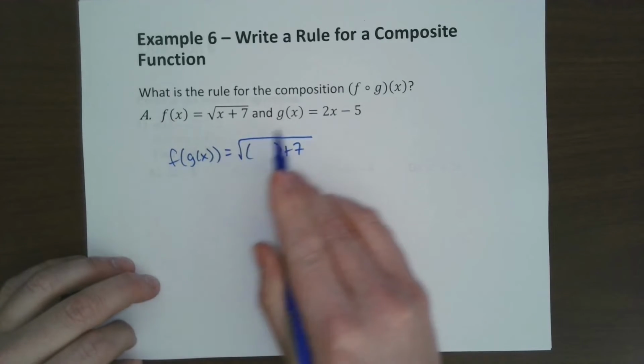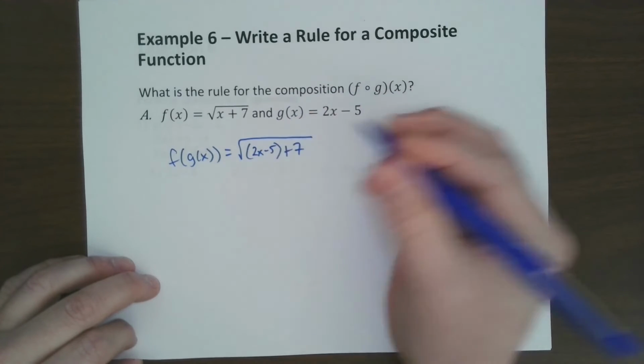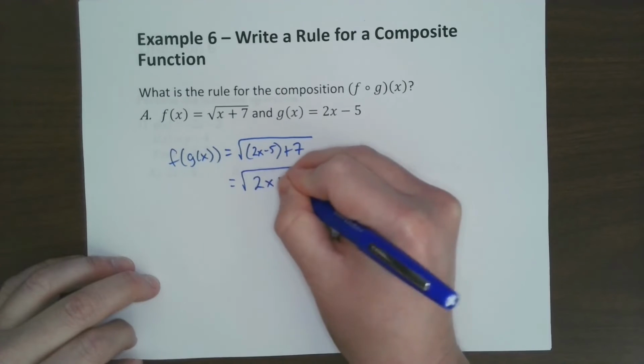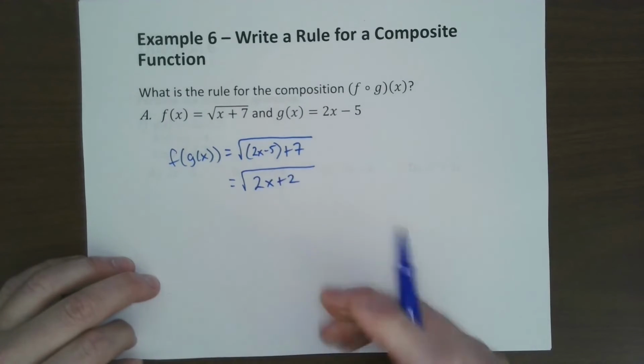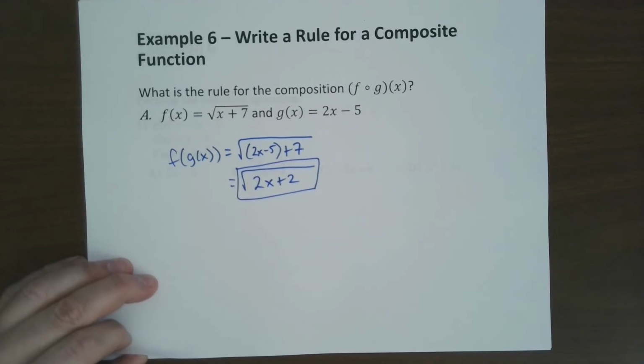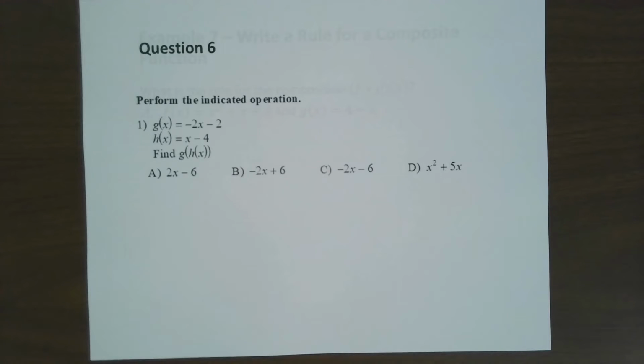And now since g is on the inside, I put g inside there. So 2x minus 5. So if we do that, we simplify it. We get 2x plus 2 under the radical, and we're done. That is your answer. You must clean it up and simplify it at the end. Go ahead and try this problem.